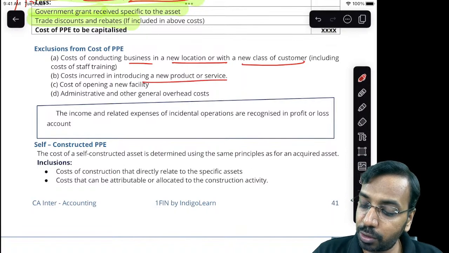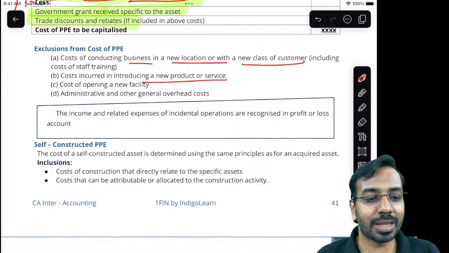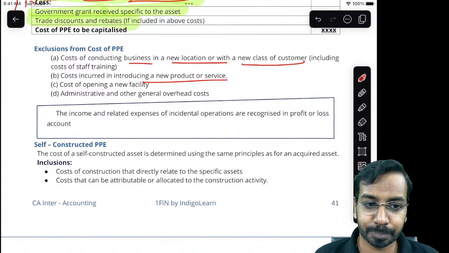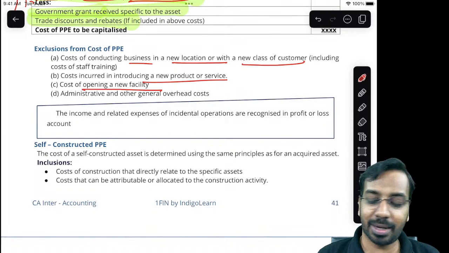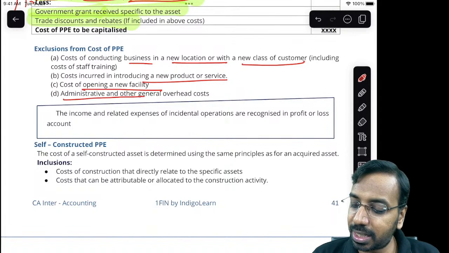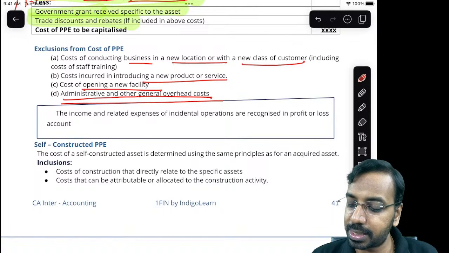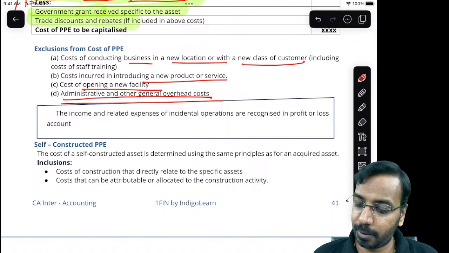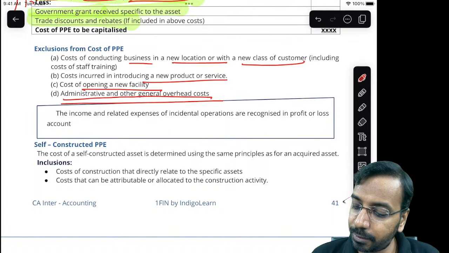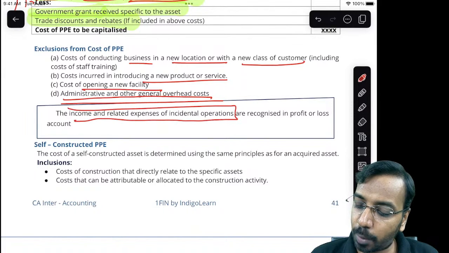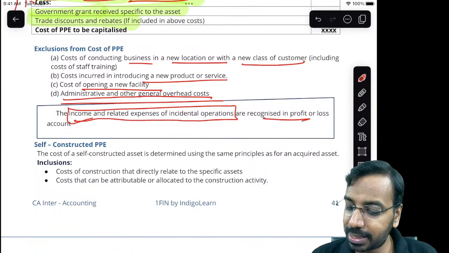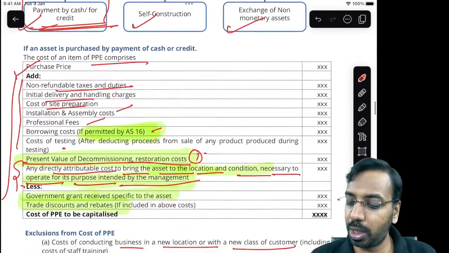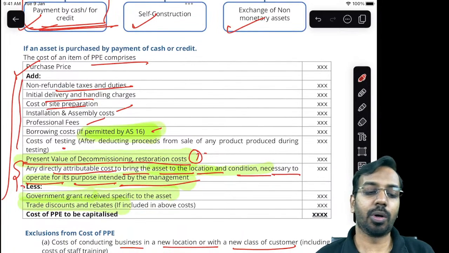Similarly, if you are introducing a new product, cost incurred for that is also not PPE. Then cost of opening a new facility, ribbon cutting ceremony, not PPE. Any other administrative or general overhead expenses are also not considered. Then income and related expense of incidental operations like giving it out for parking are recognized in P&L. So that is how you will do the accounting for your asset.